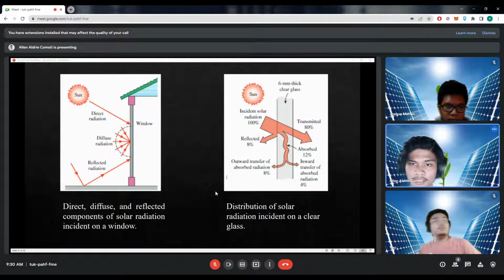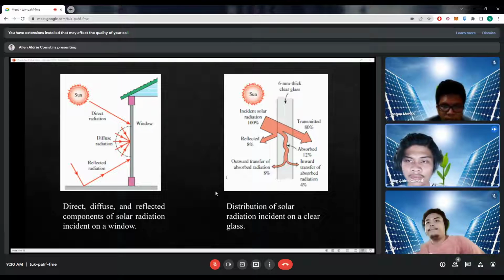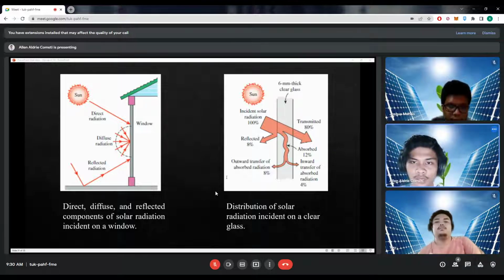Common surfaces such as grass, trees, rocks, and concrete reflect about 20% of the radiation while absorbing the rest. Snow-covered surfaces, however, reflect 70% of the incident radiation.